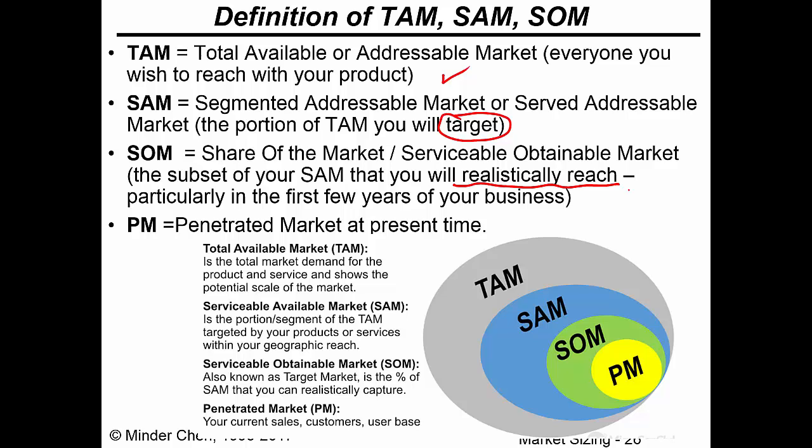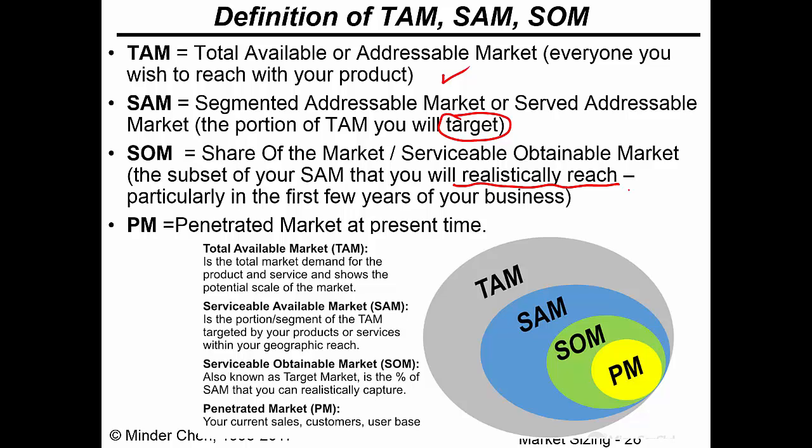And there's another new term introduced here called penetrated market at present time, PM. PM actually means that you started your business and you have actually already started selling. So PM is basically I have already penetrated the market. I already generated this much revenue. That's actually very concrete evidence of your success.